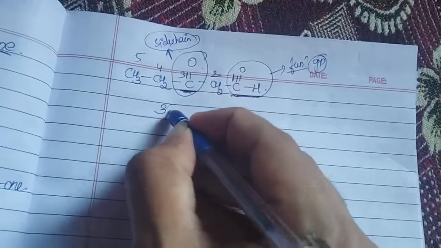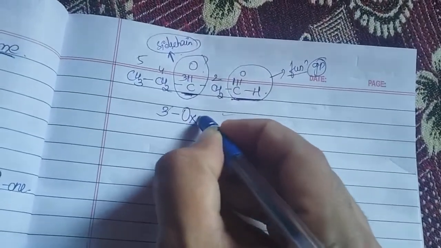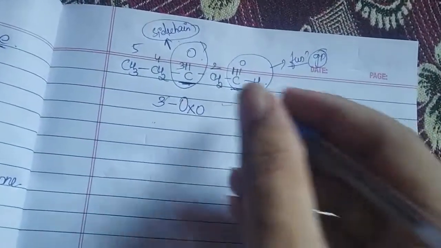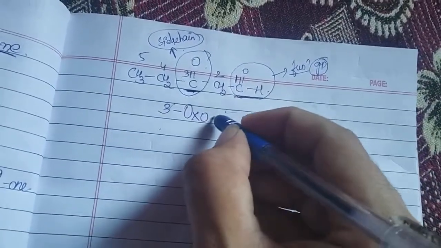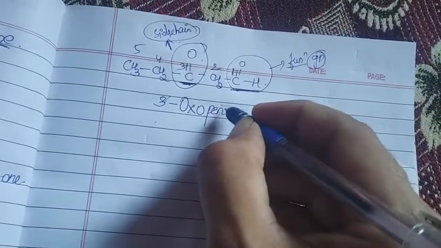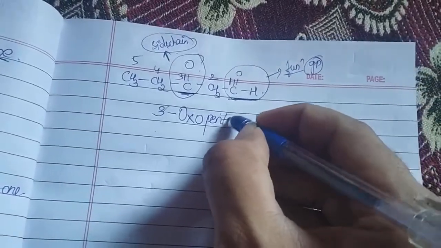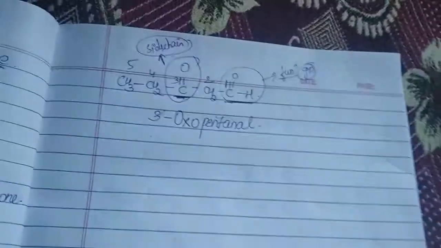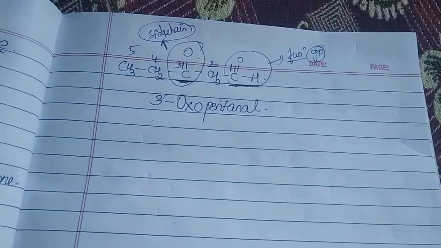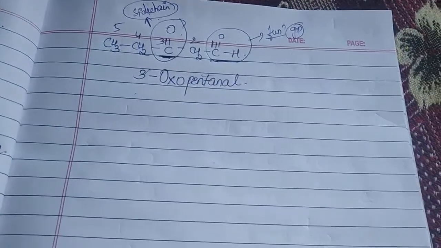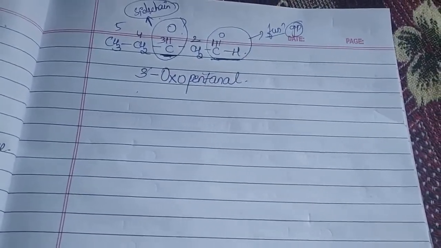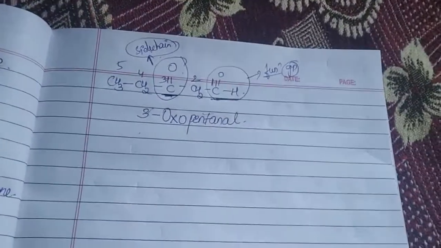So 3 hyphen oxo. Getting my point? What are you going to write? Pent. Then we have "anol". So 3-oxopentanol. Yes or no? 3-oxopentanol. Getting my point?